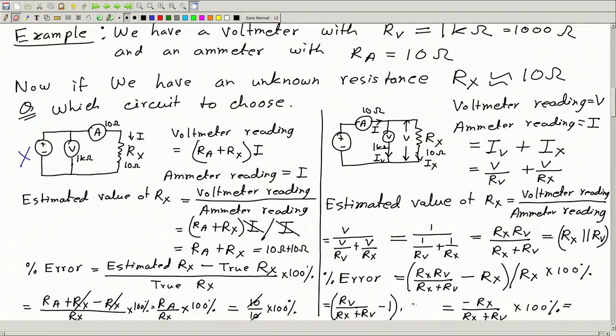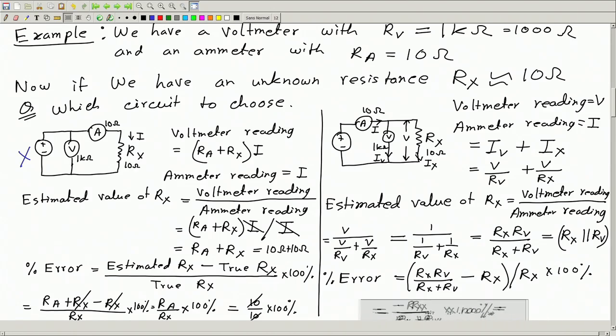So let me make some space by erasing one step. So now let's put the values. So Rx is 10 by 10 plus 1000, so 1010.